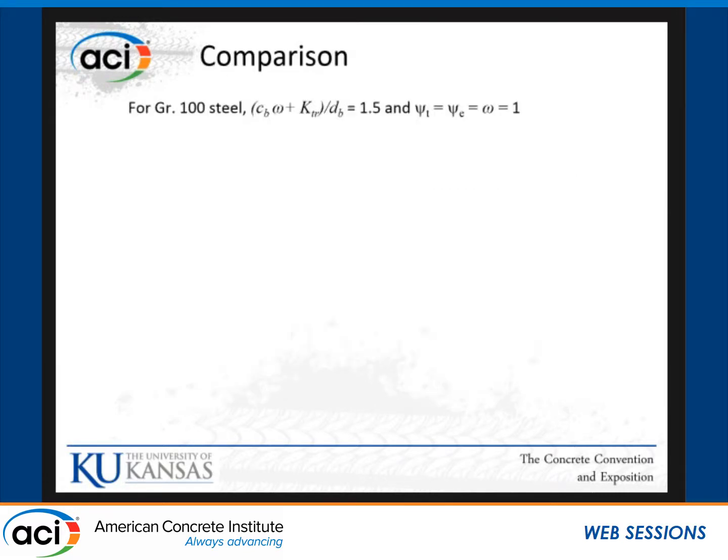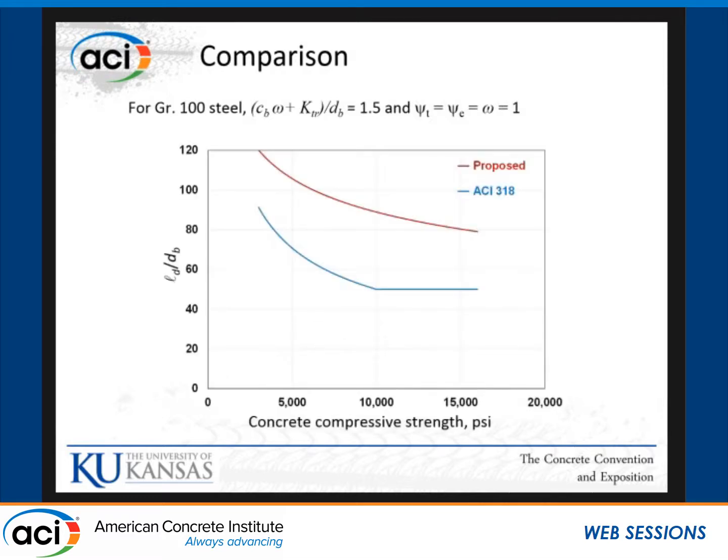Now, another comparison was made by assuming grade 100 steel with the minimum confinement provided by the confinement term and keeping all the modification factors as 1. What we did is we plotted the development length, calculated and normalized by the diameter of the bar, on the y-axis versus concrete compressive strength on the x-axis.